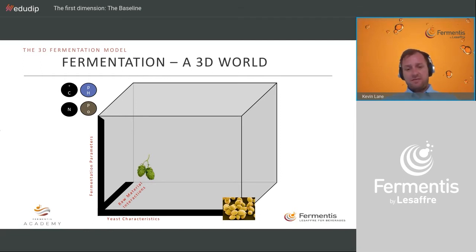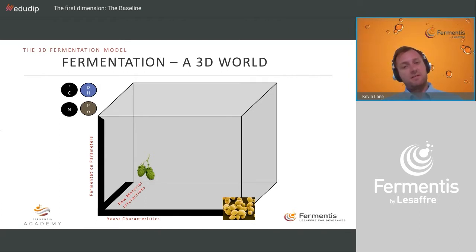Now we know that for all of our yeast strains, they're going to express different characteristics in the fermentation, whether that's sedimentation or flocculation, that's the first point we'll talk about in a minute, or the attenuation, or the speed of fermentation. Any of these things are yeast characteristics that are true to that strain, or at least so we believe.